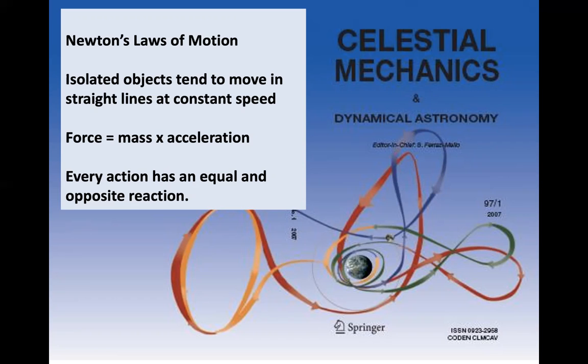However, in space, most of the interactions, most of the forces are due to one particular physical process: gravity. And the universal law of gravitation is basically the prescription for how to calculate an interaction force due to gravity.